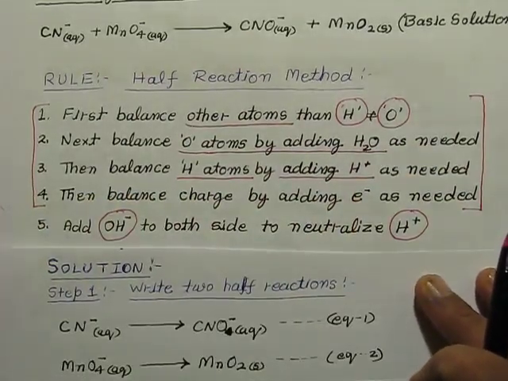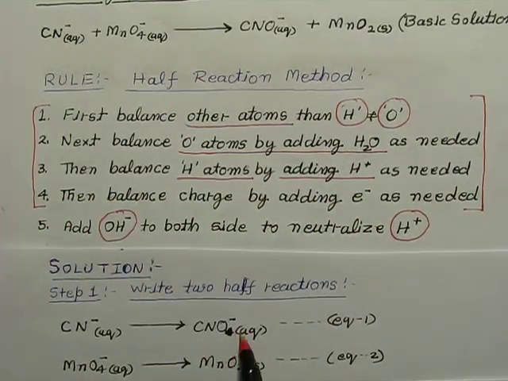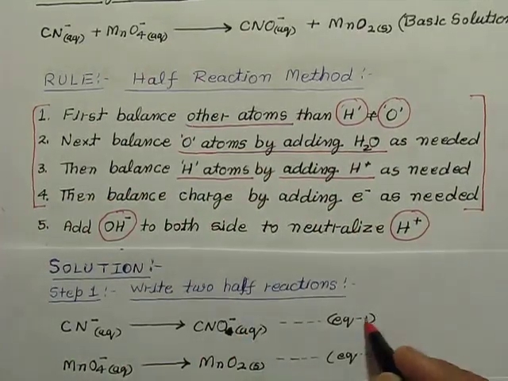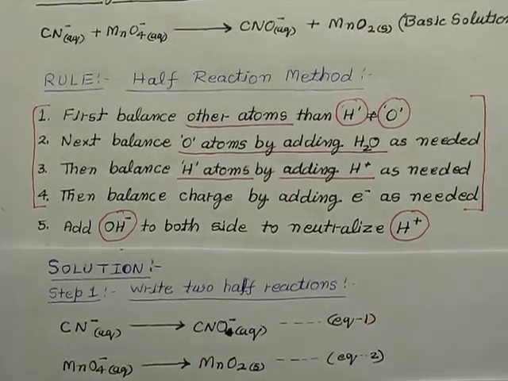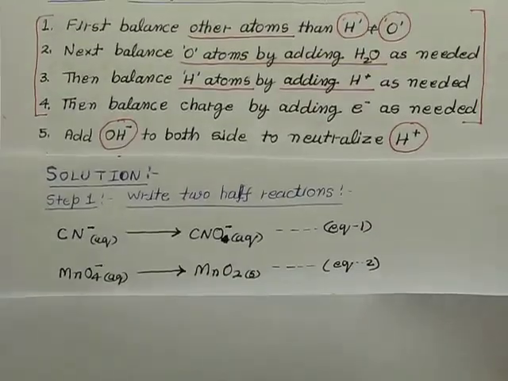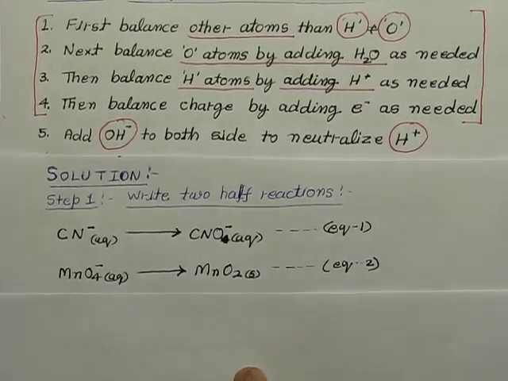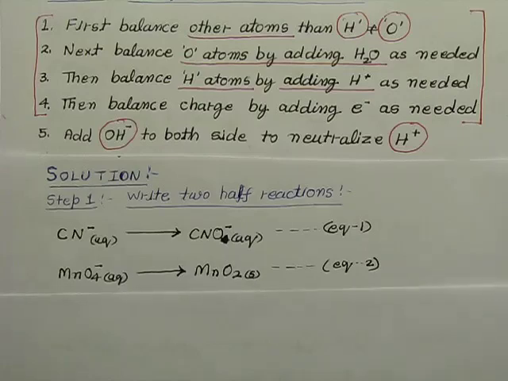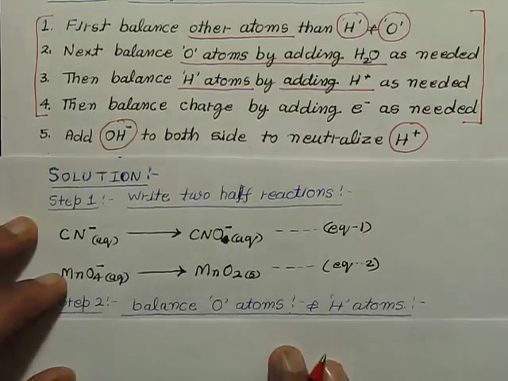So we can write like this: CN⁻ goes to CNO⁻, equation number 1, and then MnO4⁻ aqueous goes to MnO2 solid, equation number 2.